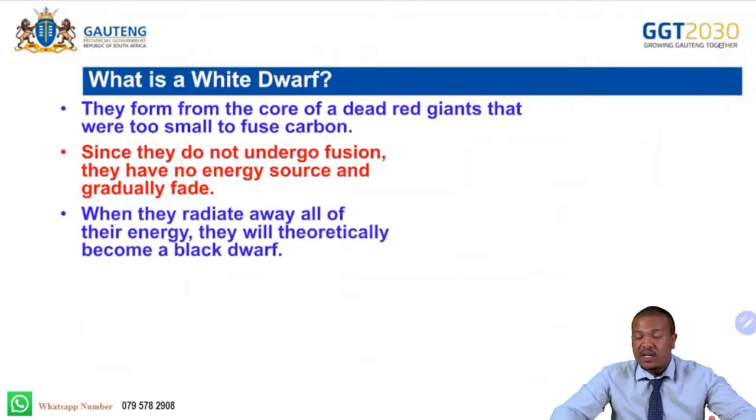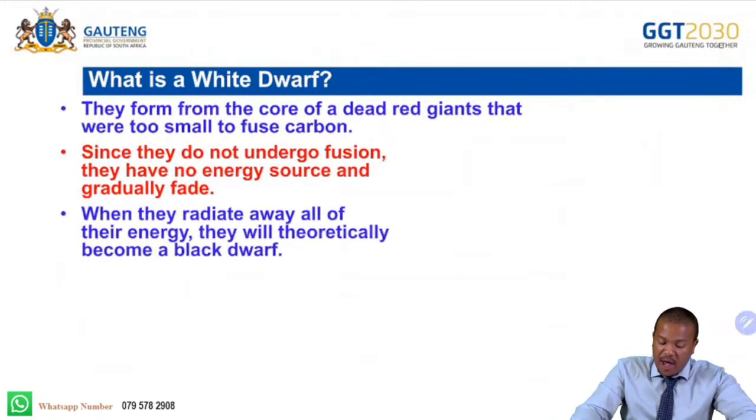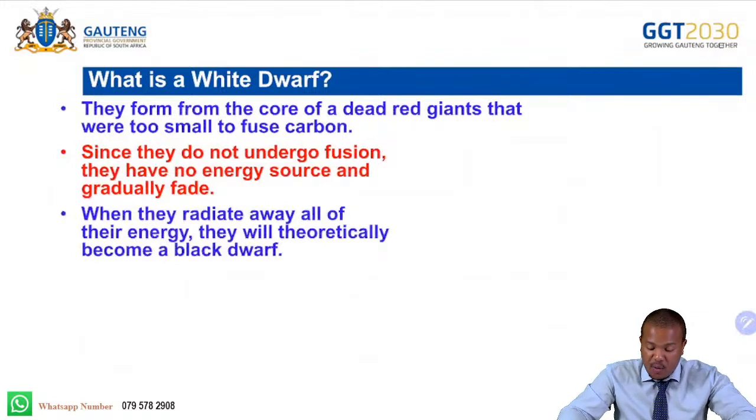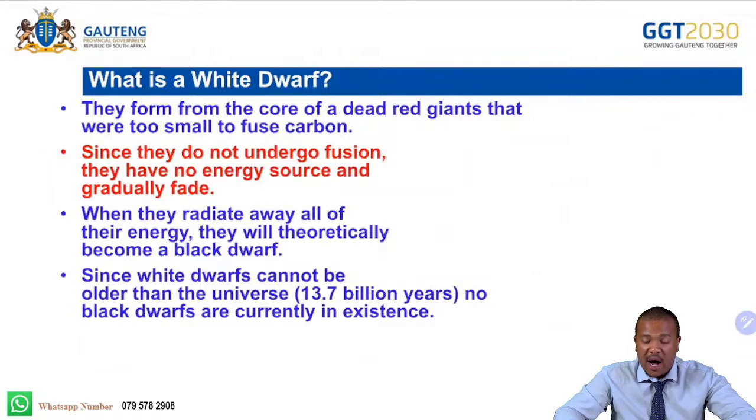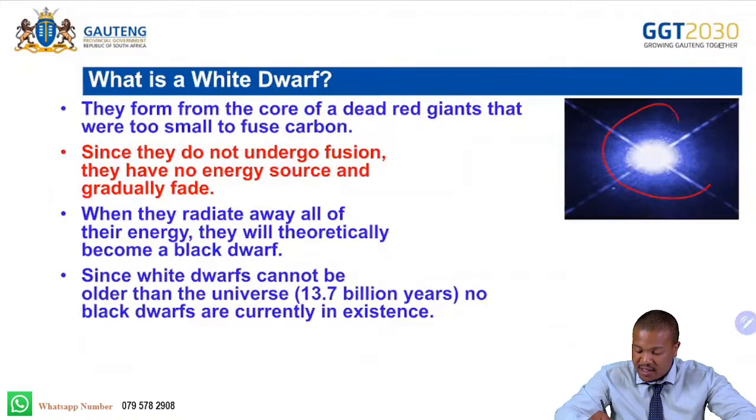When they radiate away all of their energy, they will theoretically become a black dwarf. Since white dwarfs cannot be older than the universe, no black dwarfs are currently in existence. So here is a picture of what?